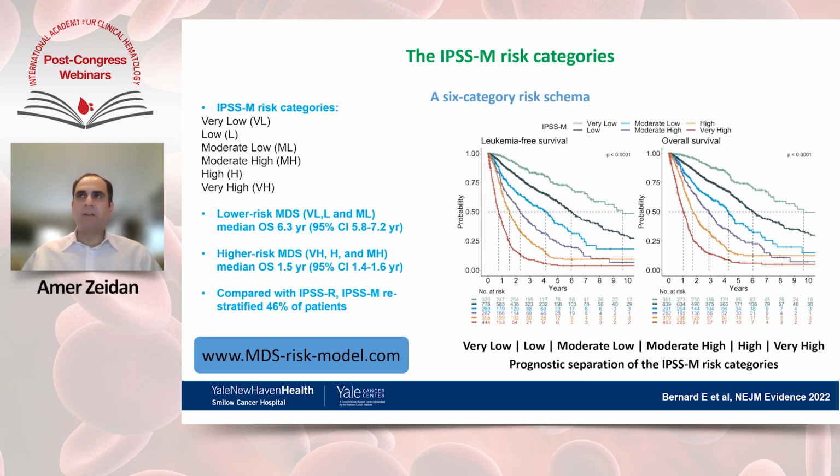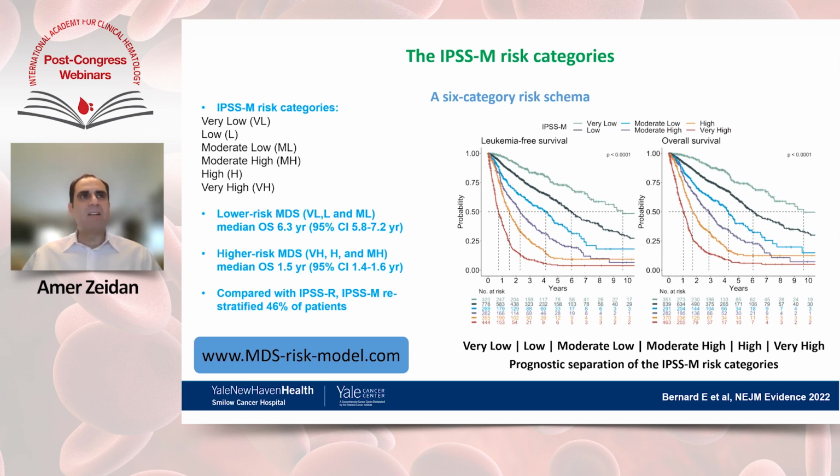And you can see, compared to the revised IPSS, the molecular IPSS gives you 6 groups. You have 6 different groups. And that's important because you don't have to deal with the intermediate risk group right now. Is it lower risk or higher risk? So now you have very low, low, or moderate low, and those are considered lower risk. And indeed, the overall survival for those patients together is more than 6 years.